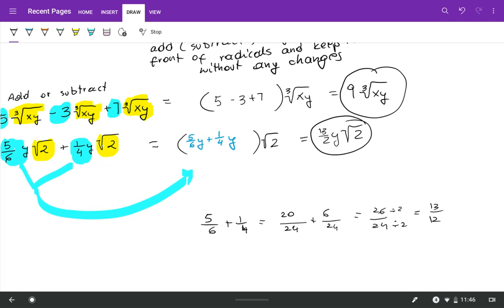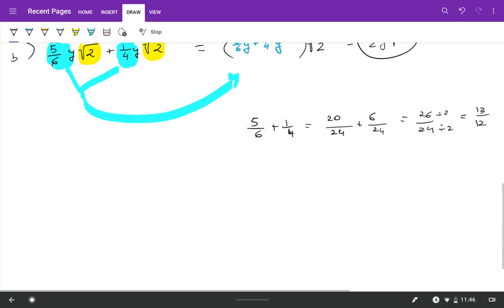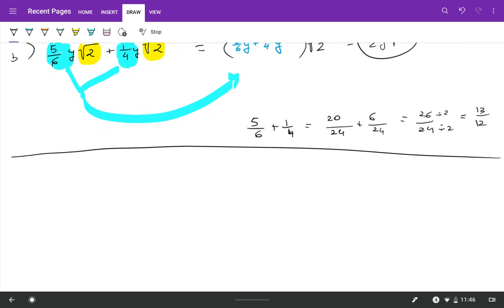Next, what we're going to do, we're going to simplify the radicals first and then add and subtract them. Okay. So example 3 will require a little more work. Example 3, we may not see the like radicals. That's why we'll need to simplify them first and then combine them.